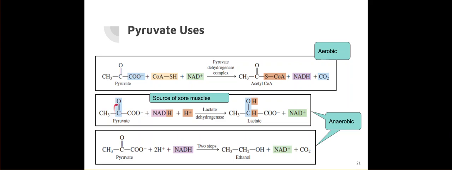Pyruvate can also be converted to lactate. And we'll see this in a bit, why it would want to do this. If you have excess pyruvate, you can produce lactate, and then the body uses it elsewhere. And this, by the way, is a source of sore muscles.